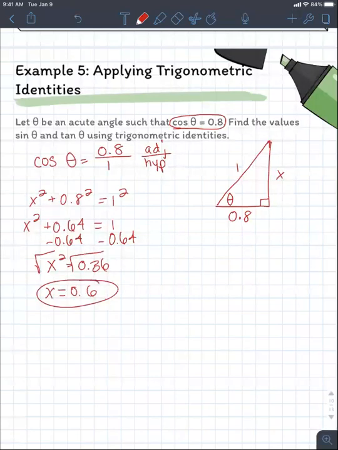So now we know all three sides of the triangle, and we can find sine of theta and tangent of theta because the triangle is already drawn. I'll give you some time to catch up. And if you're already caught up, then find sine of theta and tangent of theta.